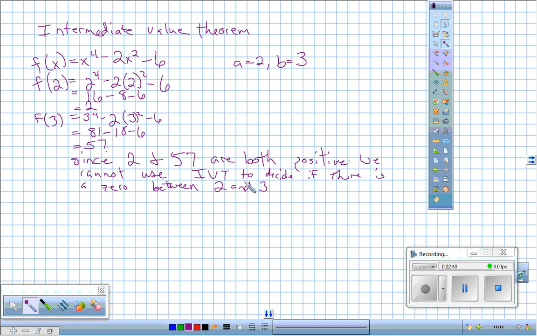And that does not necessarily mean that there is not a 0. It just means that we can't use this theorem to decide if there is or not.